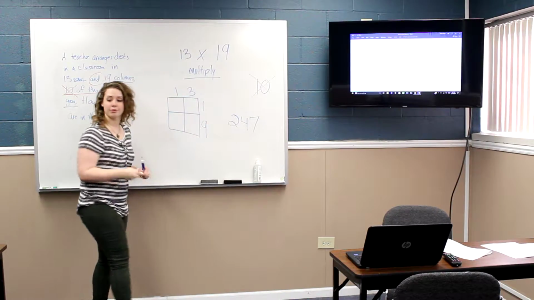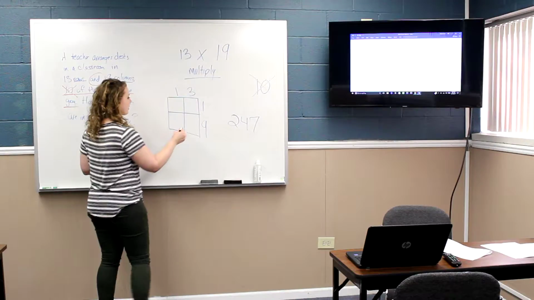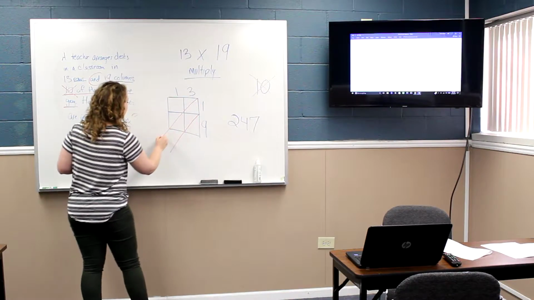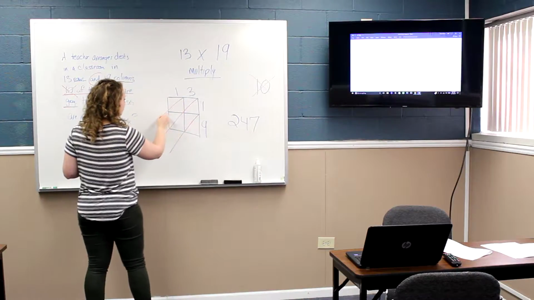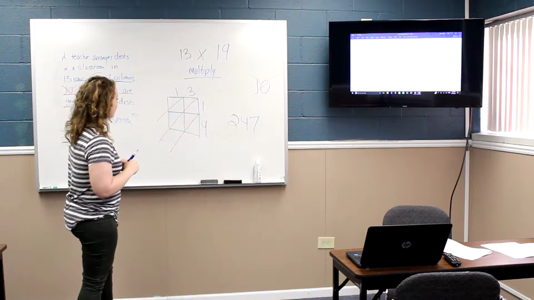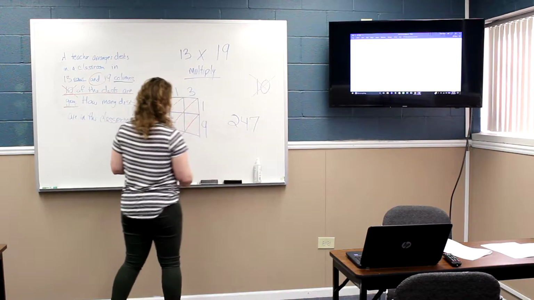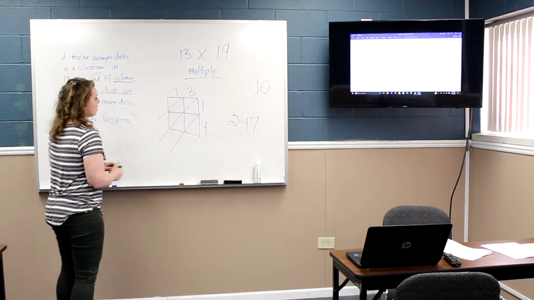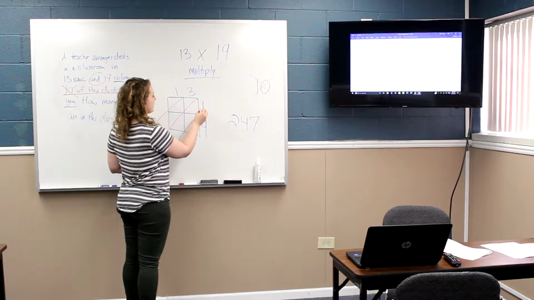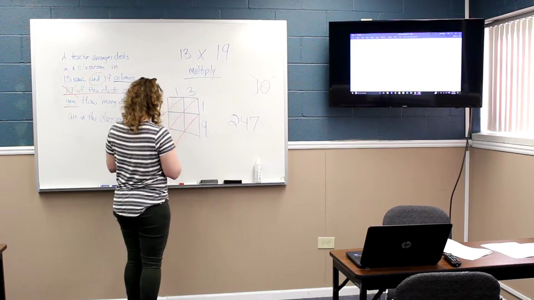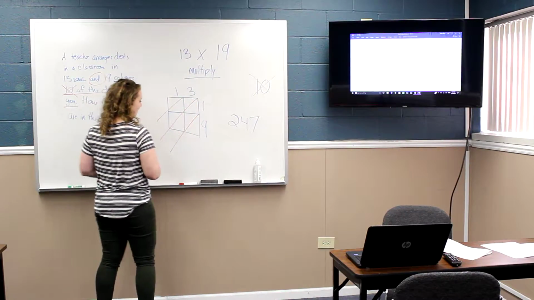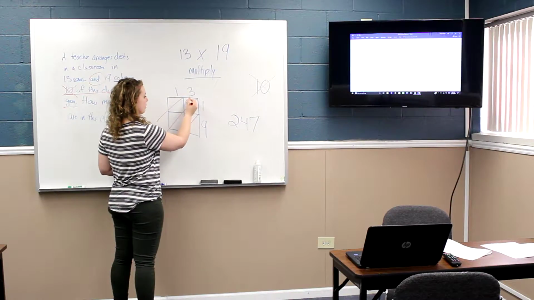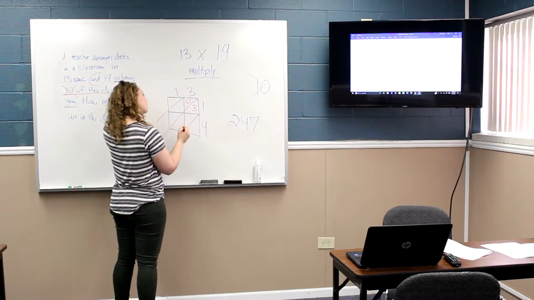Okay, we divide the boxes. Everyone needs to be writing this in their notebooks. Okay? And we're going to multiply. All right, 3 times 1 is 3, so there's, well, that didn't work. So there is a 0 and a 3, okay?